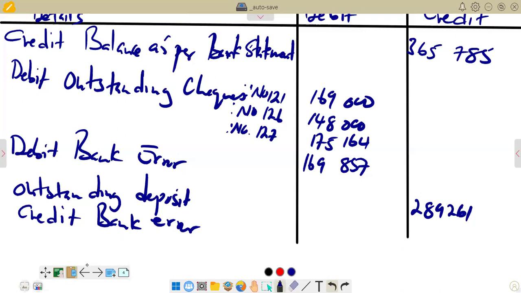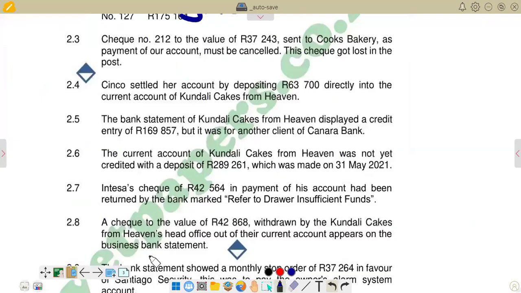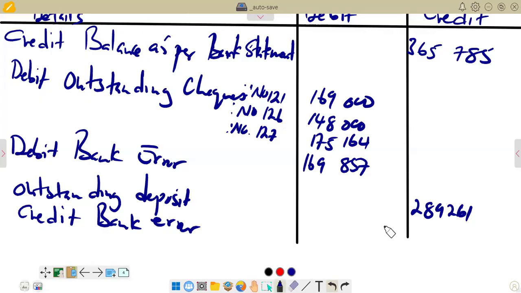Let's try to check the amount that we have. It's 42,868. 42,868. We can just try to extend our lines so that we can enter the remaining transactions.